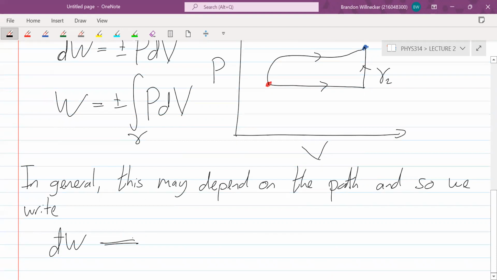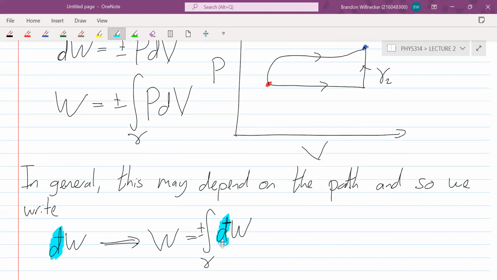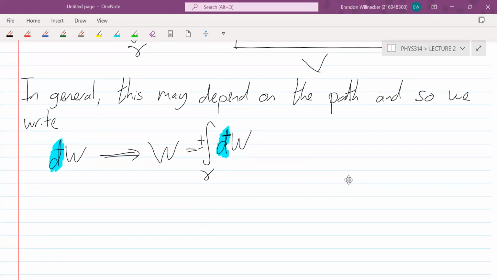And then in that case, the total work being done is the integral, again, plus or minus, depending on how you want to think about things, over gamma, of dW with the line going through. Again, because it may depend on the path, we've got this inexact differential here. But if I give you a certain situation where we know that it is an exact differential, then you don't need to write that. So it depends on what you're working with.